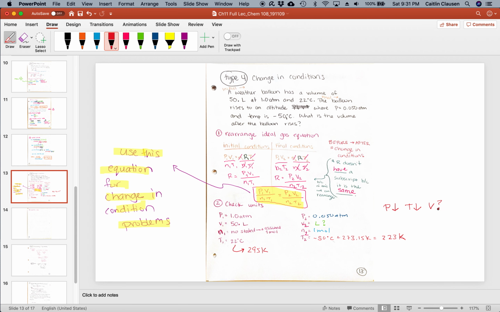What do you guys predict? Take a second, write that down on your paper. Does it go up or down for the volume? Remembering those relationships between pressure and temperature, pressure and volume, and all of those things. This is where that comes into play.